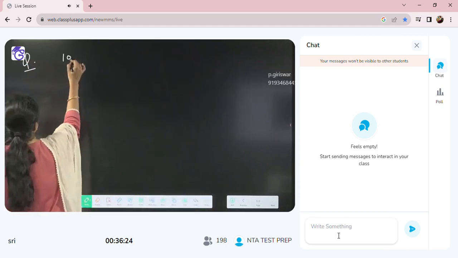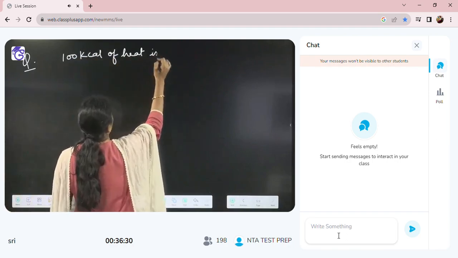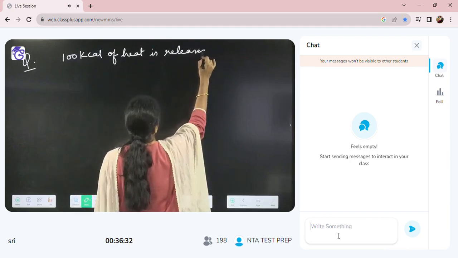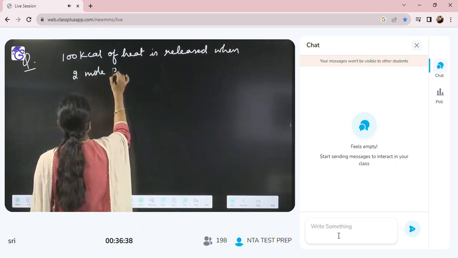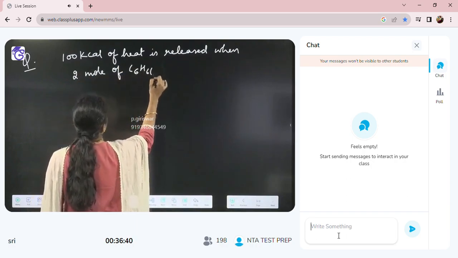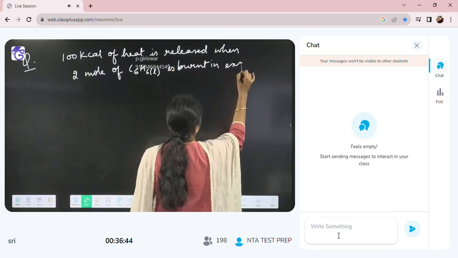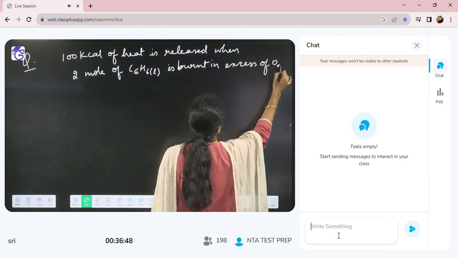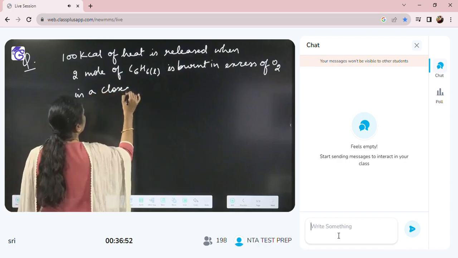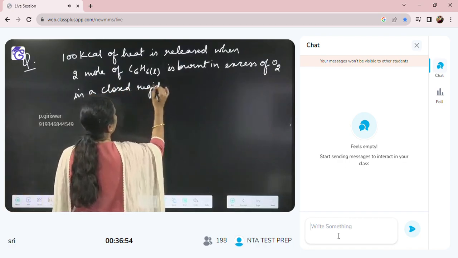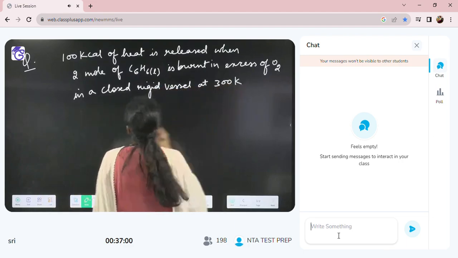I'm giving you another question. 100 kilocalorie of heat is released when 2 mole of benzene is burnt in excess of oxygen in a closed rigid vessel at 300 Kelvin.